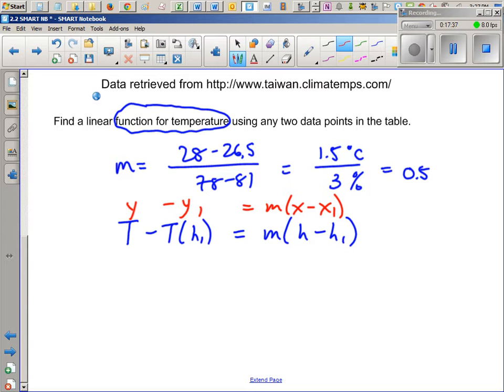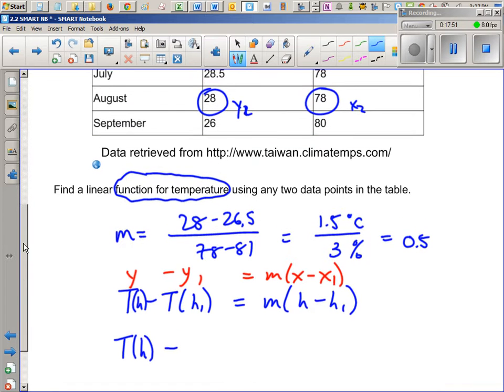Now I'm going to plug in my values. T is supposed to be my function, in fact, I'll call it t of h. So t of h minus, and let's just use the month of August here.